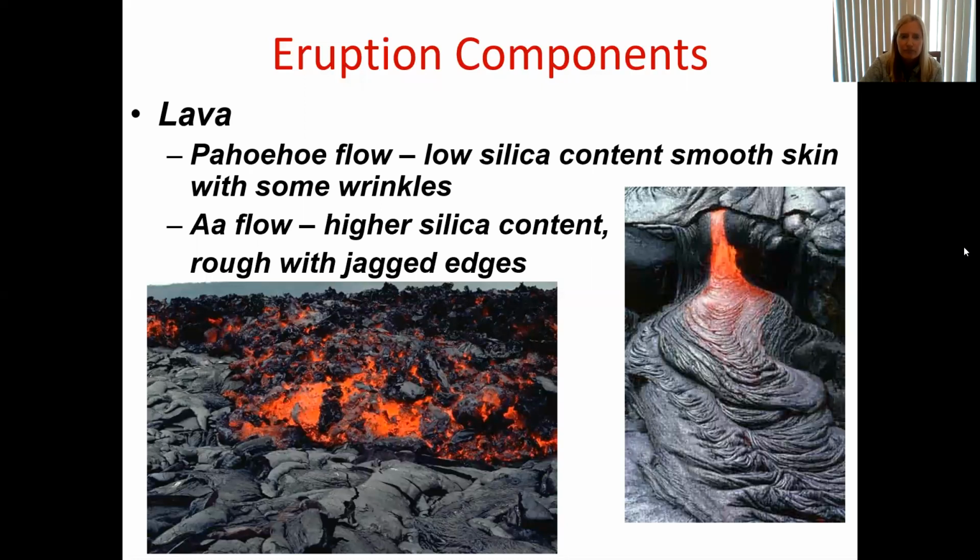When I was in college and I learned these terms, my geology professor taught me that to remember which one is more jagged or more rough, we think of it as if we were stepping on that one, especially if it had cooled down, because it would have to have cooled. But then that would be rough. And if we were stepping on it, we would be like, ah.